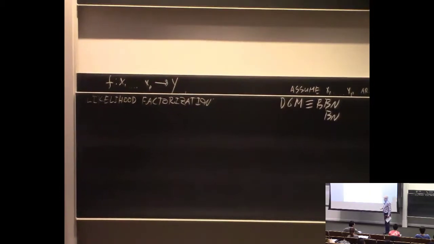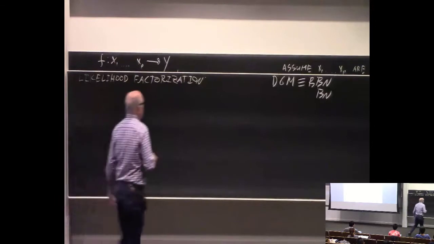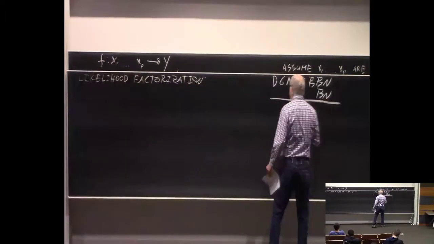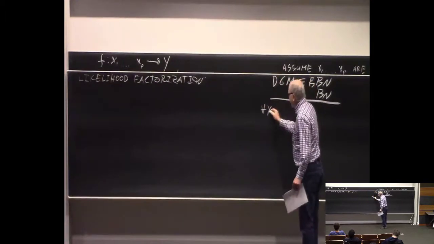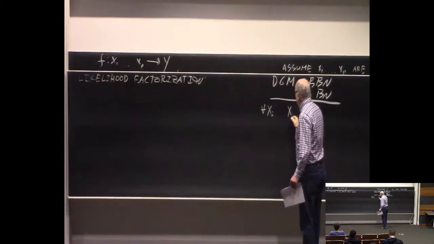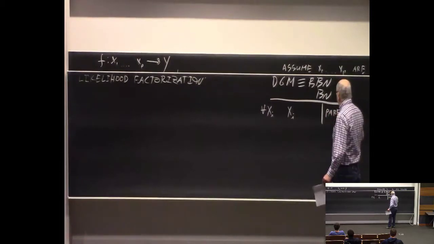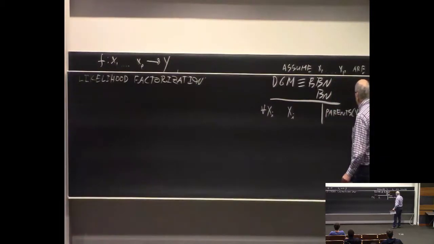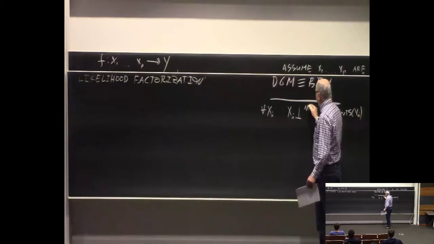The structure of the network implies a number, typically a very large number, of conditional independence assumptions. I will give you the rule for how you derive conditional independence assumptions from this. The rule is, for every node xi, xi, when conditioned on all the parents of xi, is conditionally independent of all the non-descendants.